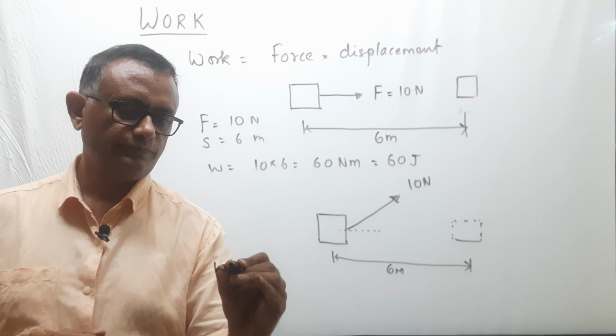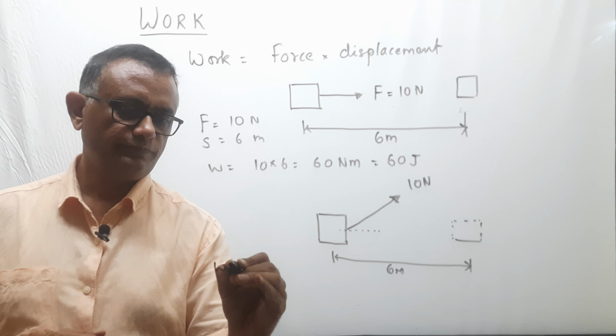Now if I change the scenario and say, friends, let's calculate work done in this case. The force is again 10 Newton, but in this case the force is not acting horizontal or along the x-axis, but it is acting at an angle.